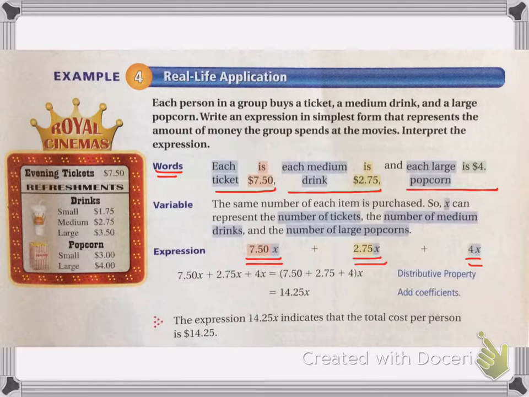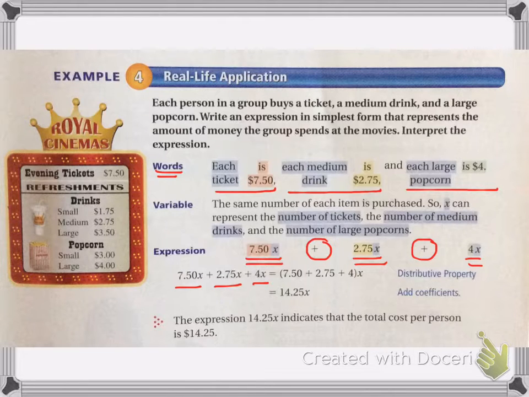Does that make sense? And, of course, what operation are we going to put in between that if we are summing it all up? We're going to add it. So, the way that we would write that is 7.50x plus 2.75x plus 4x.